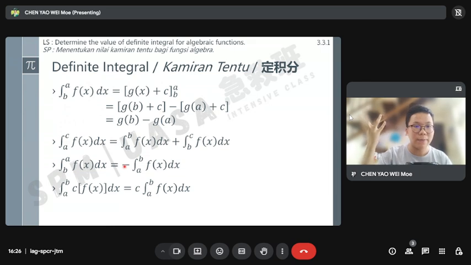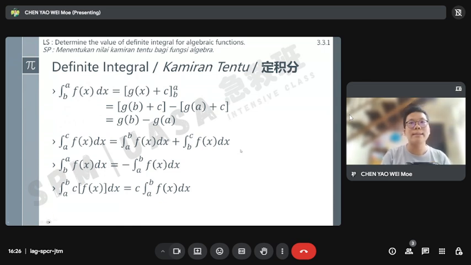And if the function inside the integration has another number multiplied, you can put it outside and do the integration. These are the rules for the definite integral.